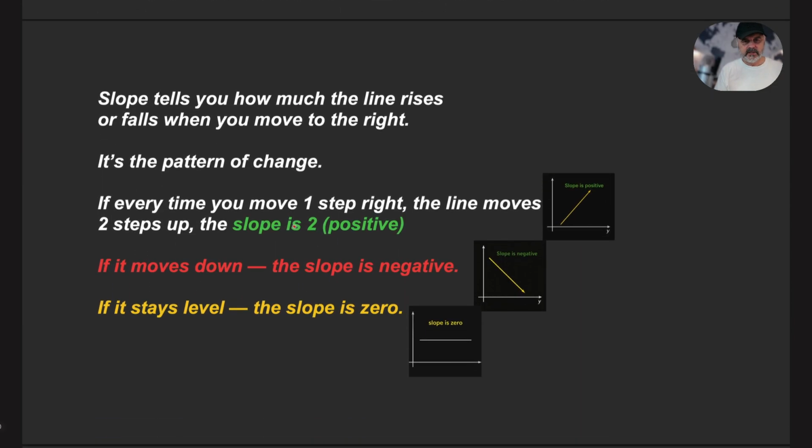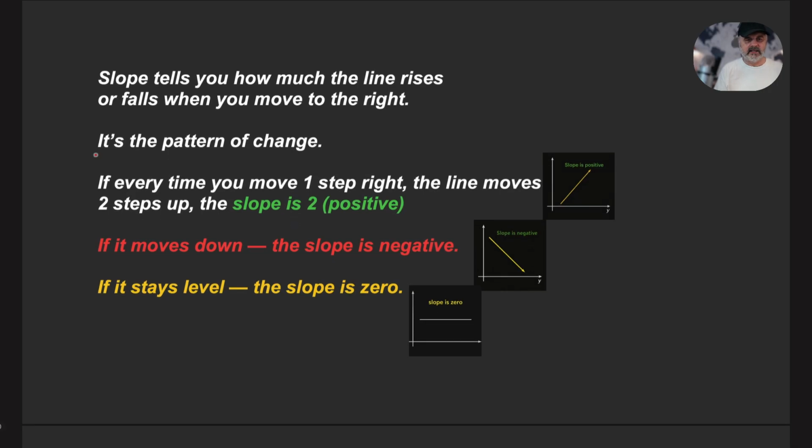So, possibilities. Any line represents a pattern. The slope is a constant number that does not change for that particular line. The y-intercept also is fixed for that particular equation of a line. You can have a positive slope when the line is increasing.